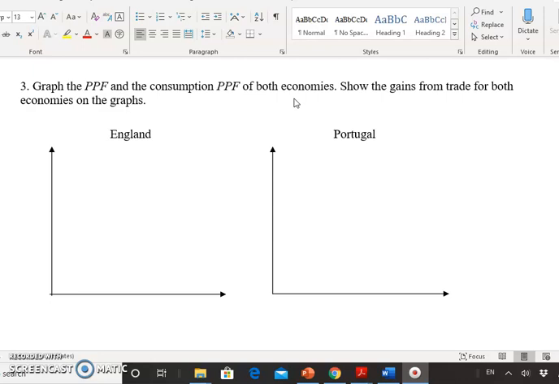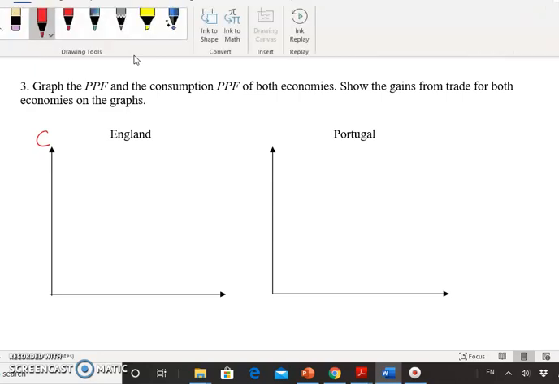Now, to draw the PPF, if you remember in chapter 2, we needed a lot of information, a lot of combinations between the two goods. In this case, the vertical axis is going to be corn, and the horizontal axis is going to be sweaters. We need multiple combinations between these two, but here we just want to simplify that.